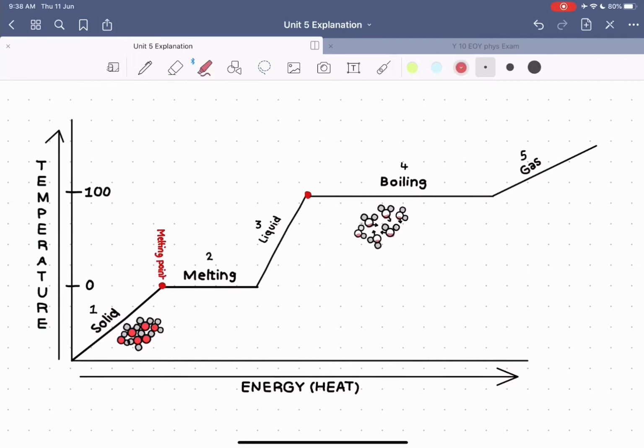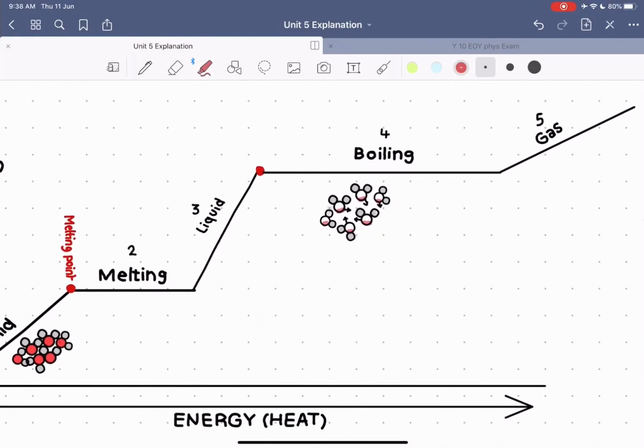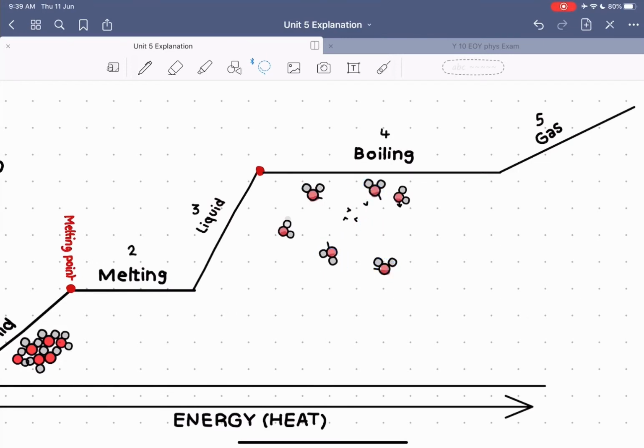The average kinetic energy of the vibration will not increase, but the system is still absorbing energy, in order to overcome the force of attraction between the molecules so they break free and turn into a gas.